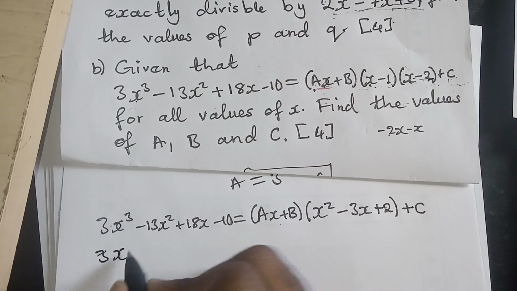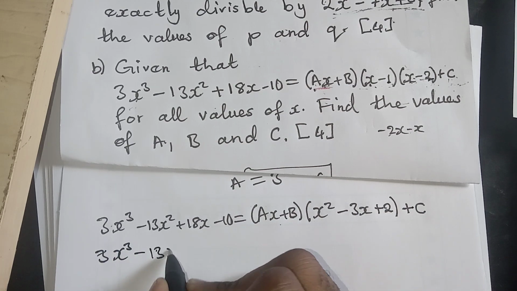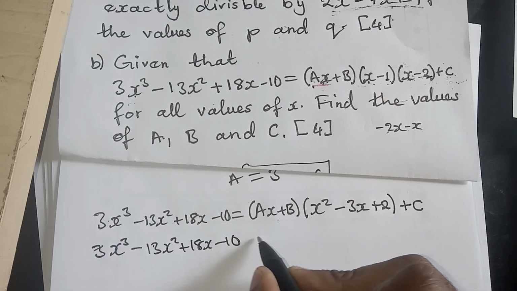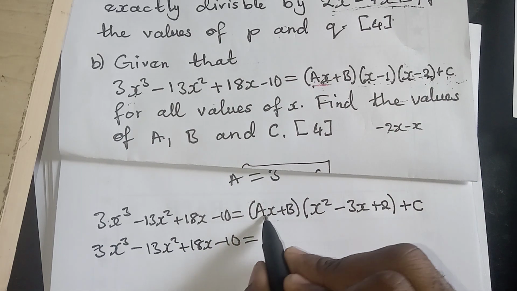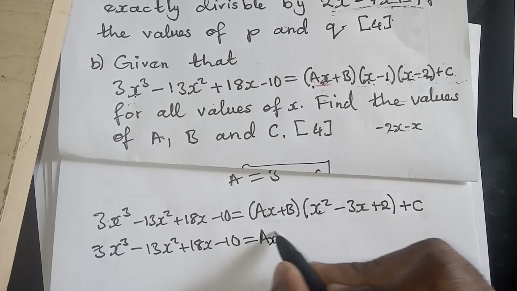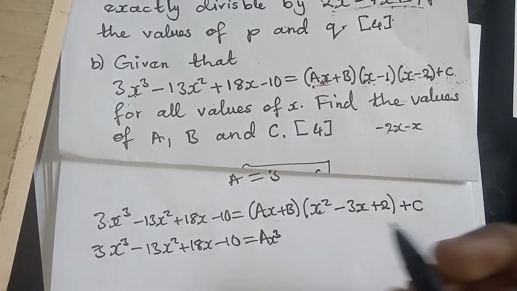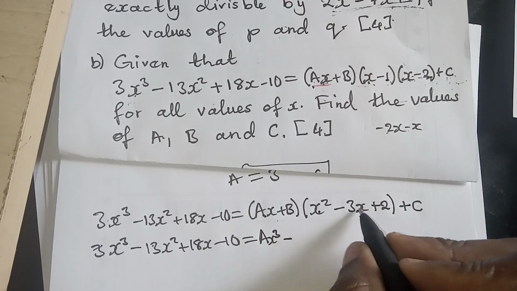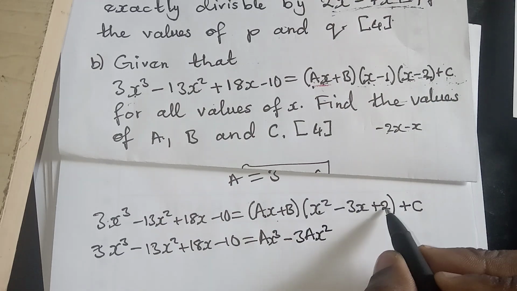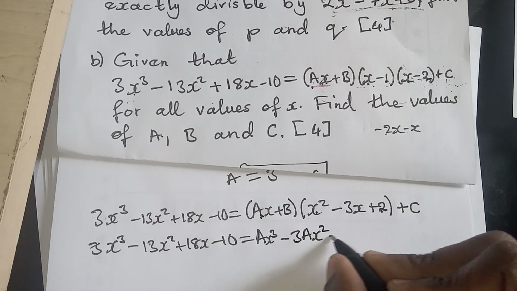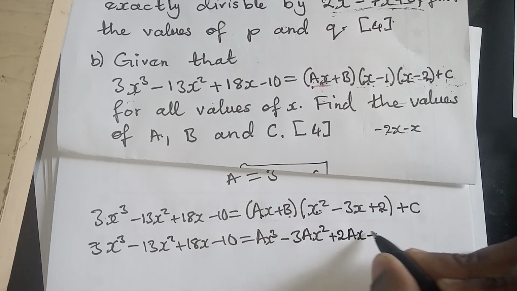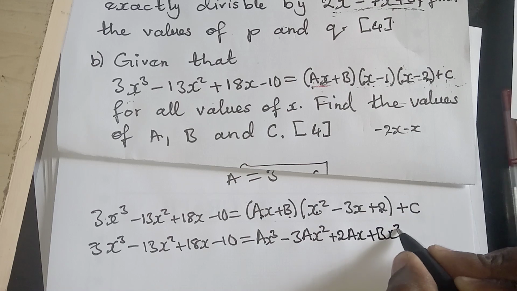So you have 3x cubed minus 13x squared plus 18x minus 10 is equal to ax multiplied by x squared. This is ax cubed. Ax multiplied by 3x, that will be 3ax squared. And then 2 multiplied by ax, this is 2ax. This by this is bx squared.